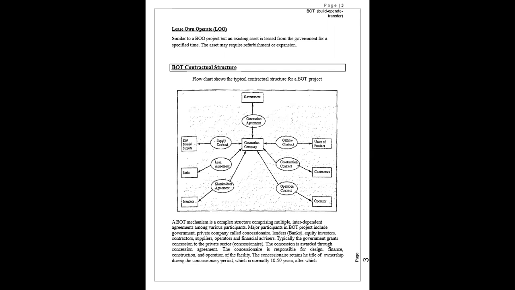Is it right? And these are interdependent. The concession company can make the raw material supply agreement with one company. Then operation or operator contracted to another company or to the same company. Is it right? That is depending upon the concession company. That is not with the government.